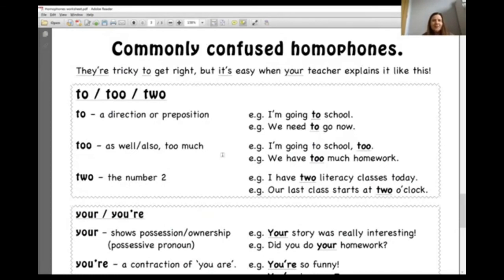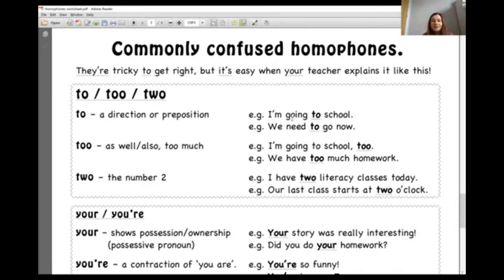Here are some commonly confused homophones. So one of these is to, too, and two. This is just extra information for those of you who want to learn their homophones. So to is a direction or a preposition, too is as well or also or too much. And two is the number two.